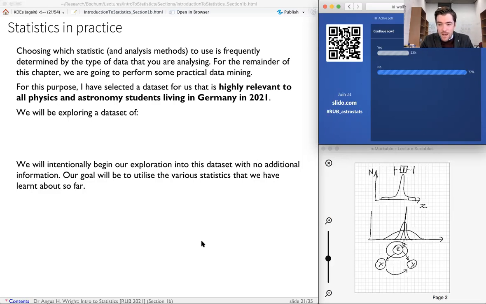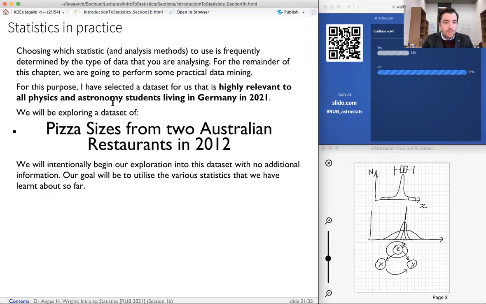Now, as a teaser, the way in which I've decided we're going to employ our education about statistics is that I've selected a data set for us to use, a data set that I think is extremely relevant to all people studying the natural sciences living in Germany in 2021. And that data set is the pizza sizes from 2 Australian restaurants in 2012.